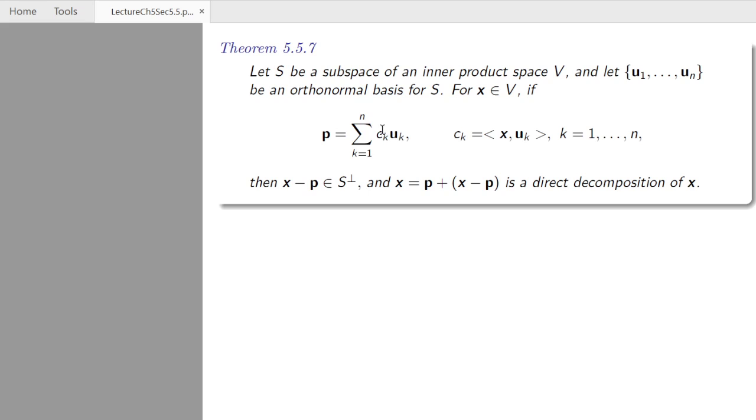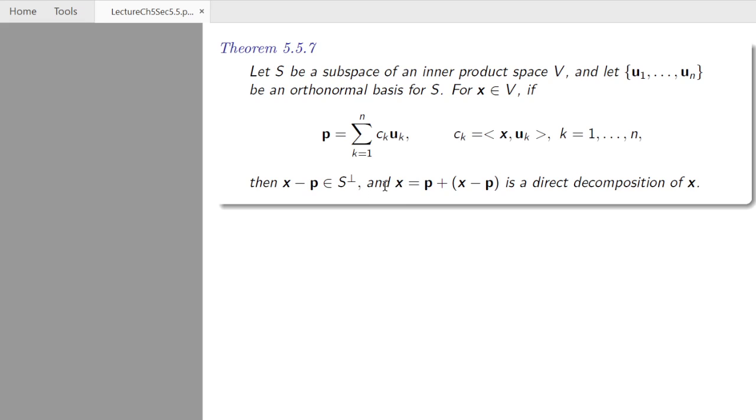From this, because P is a linear combination of the basis for the subspace S, we can say the vector P belongs to the subspace S. Given this condition, we can show X minus P belongs to the complement of S, or orthogonal complement of S.